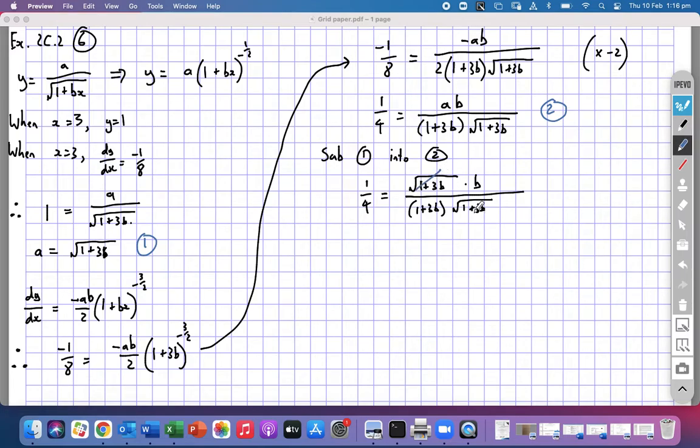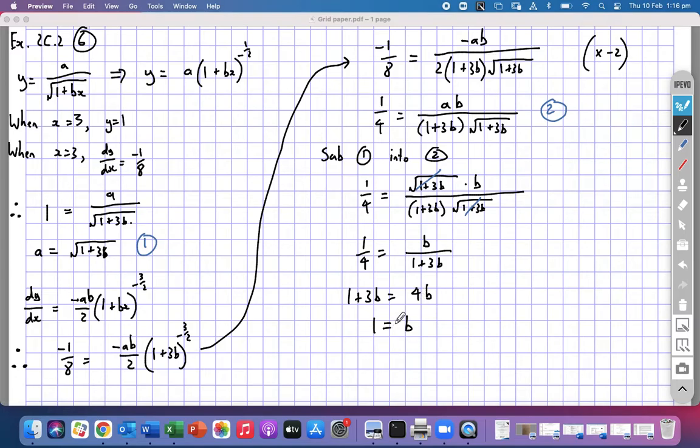That square root divided by this square root, because they're the same, equals 1. And we'd be left with 1/4 equals b on 1 plus 3b. Let's multiply both sides by 4. Let's multiply both sides by 1 plus 3b. We'll get 1 plus 3b equals 4b. Therefore, 1 equals b. So minus 3b from both sides.